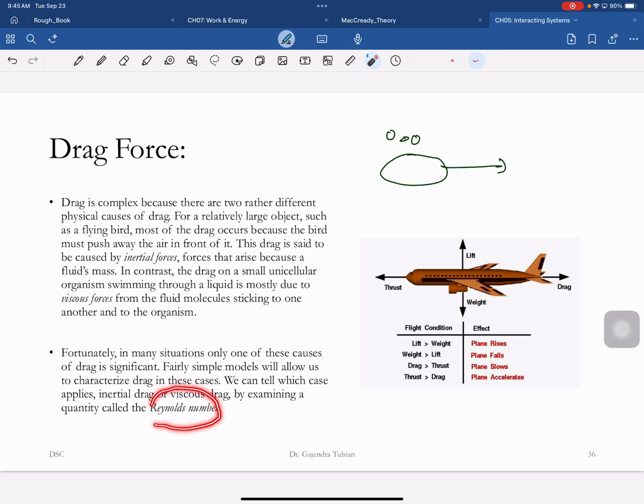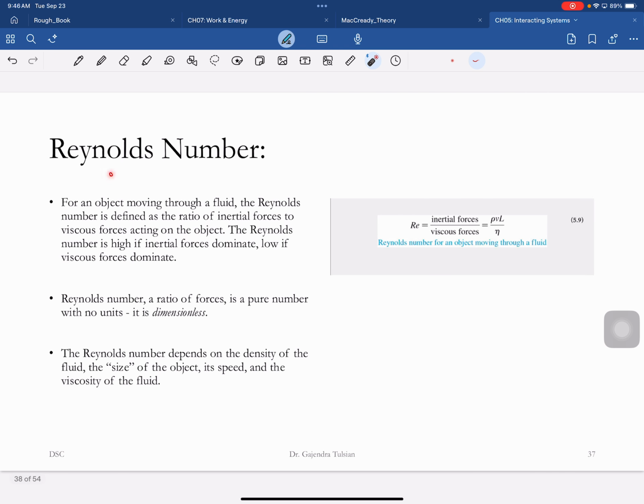There's this number called the Reynolds number that tells you what plays the major role in your life. And here's how the Reynolds number is defined. Reynolds number is inertial forces divided by the viscous forces.